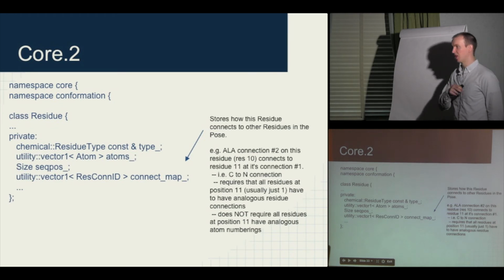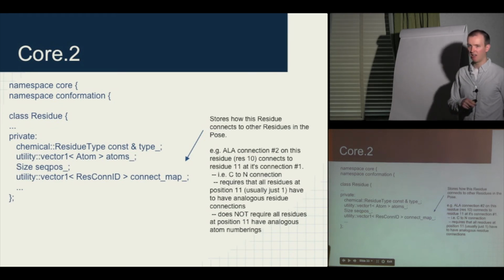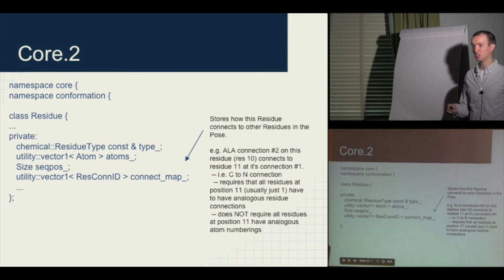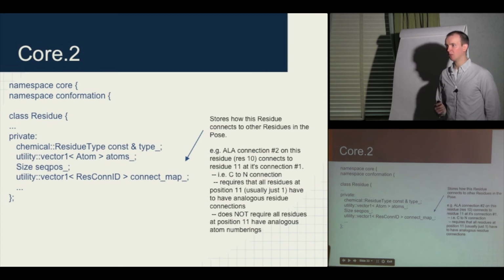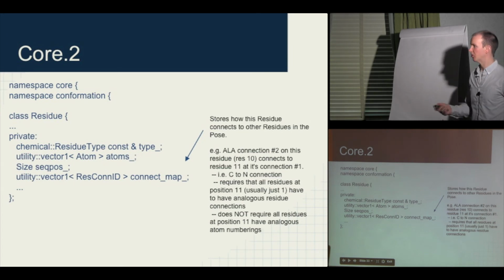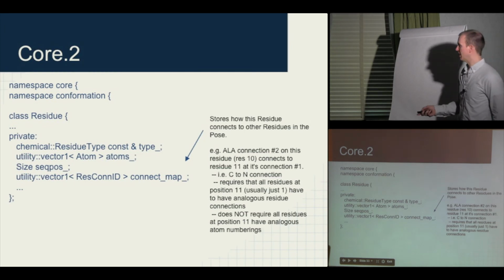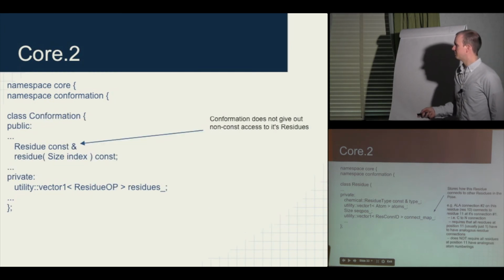So it doesn't have to have the same number of atoms. It doesn't have to have an indexing that's consistent between them. It just needs to have the same meaning to its connections. And I'm not aware of yet anyone who's had trouble dealing with inter-residue connections the way this is set up. But if you hit them, please talk to me about it.